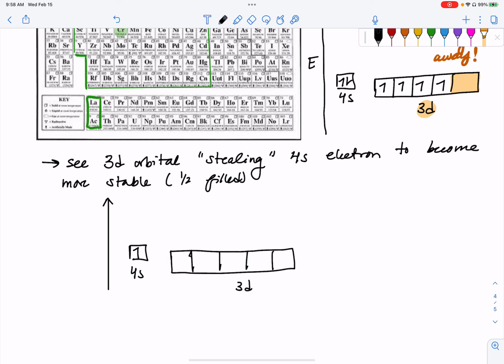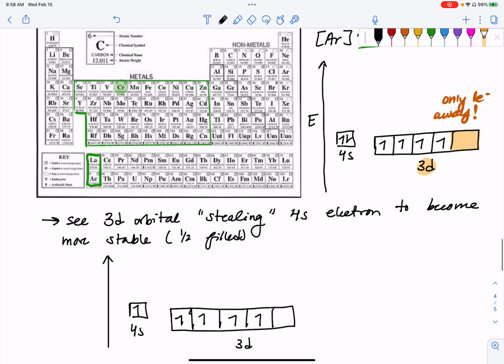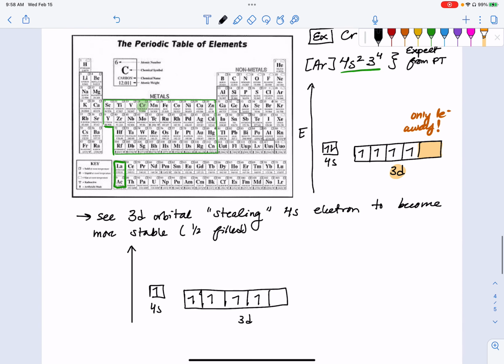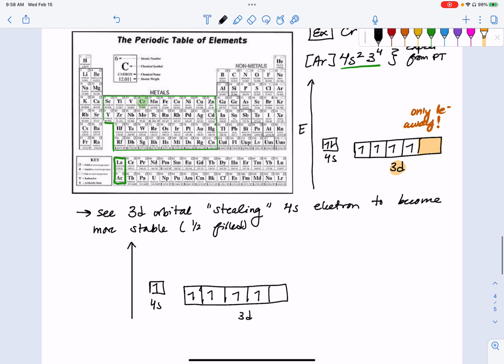The 4s would have one electron taken from it, and instead of having 3d4, I would now have 3d5, where the electron that was once in the 4s has now been stolen to go into the d5.